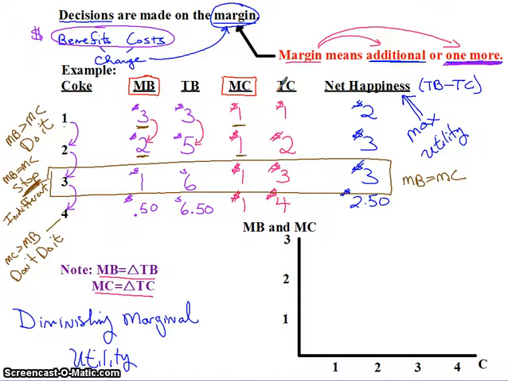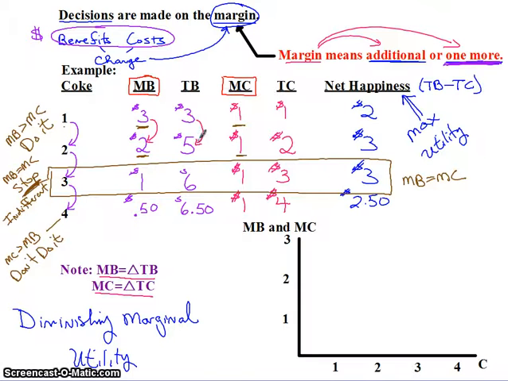Forget the totals. We ask ourselves, do I want to buy this second Coke? Let's say I already bought the first Coke. I drank it. It was great. I enjoyed it. But now I'm asking myself, do I want to buy Coke number 2? To figure that out, I don't care what the total benefits are because that includes the happiness I got from the first Coke, and I already drank that.